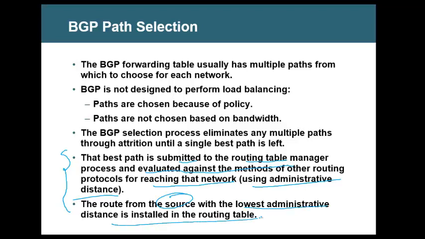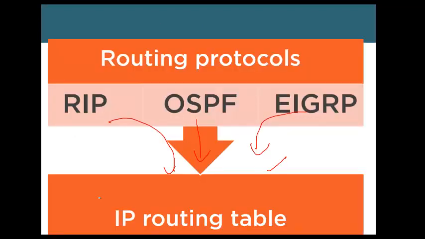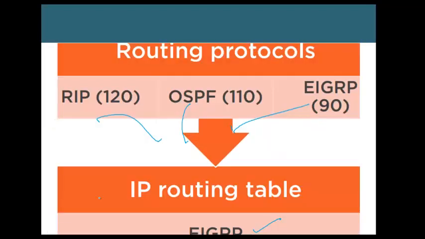So if it is OSPF and EIGRP, EIGRP is the source whose administrative distance is lower. Now once the administrative distance based evaluation is done, the routing table gets the EIGRP route. So that's what this line is.